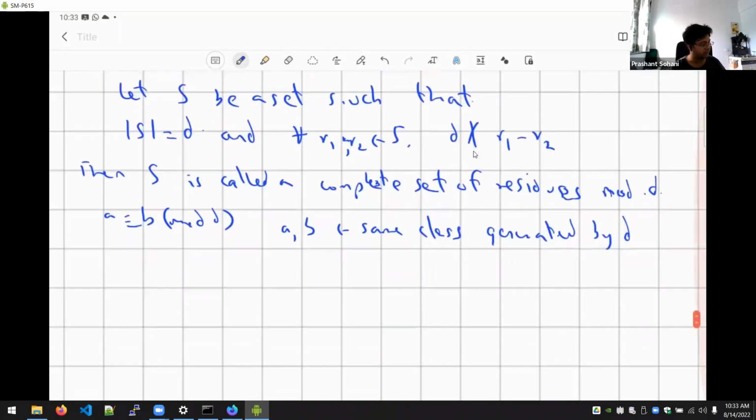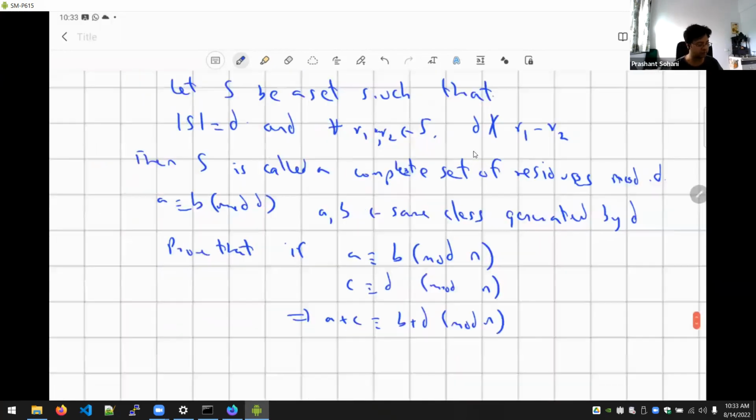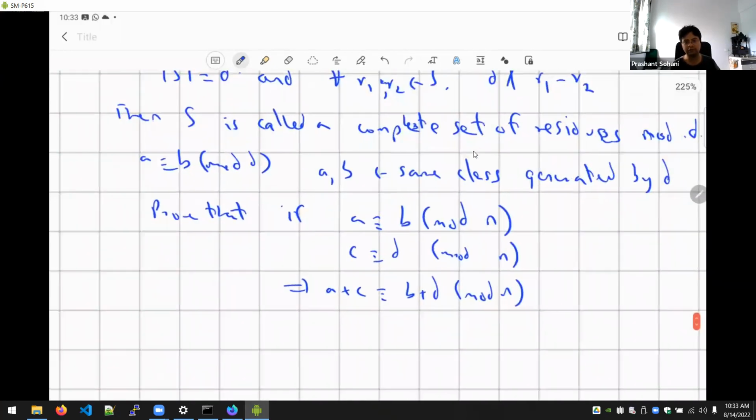Okay. So for example, if you try to prove that if A is congruent to B modulo N, and C is congruent to D modulo N, this implies A plus C is congruent to B plus D. Writing modulo N every time becomes a bit tedious, but I think it's good to write that as a habit.